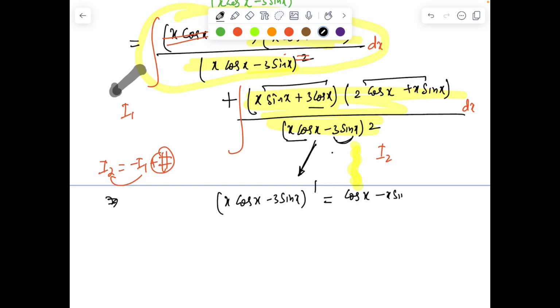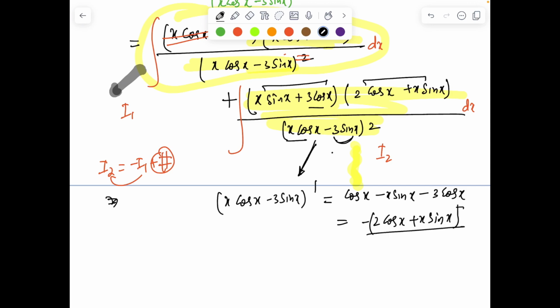so cos x, it's minus x sin x, and it's minus 3 cos x, and that's a good point because it evaluates to minus 2 cos x and minus x sin x.